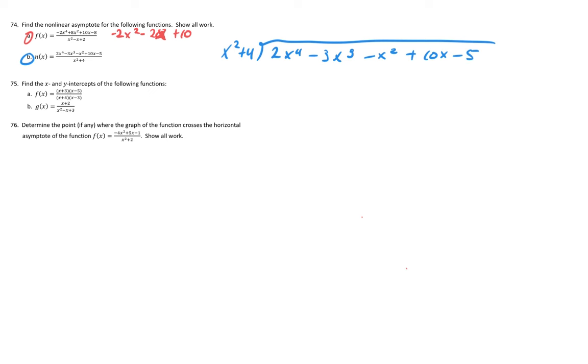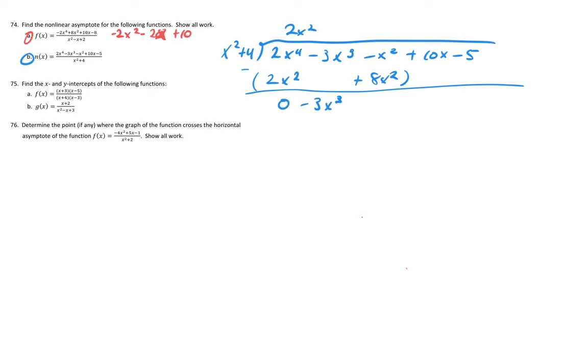Okay, same idea. What do we need to get here? 2x squared. So 2x squared plus 8x squared. We'll subtract that so we get 0.